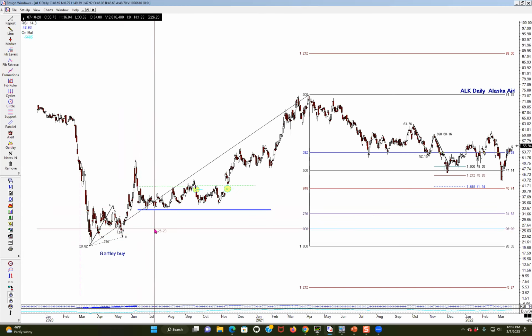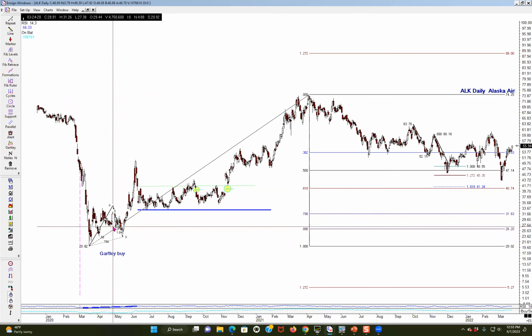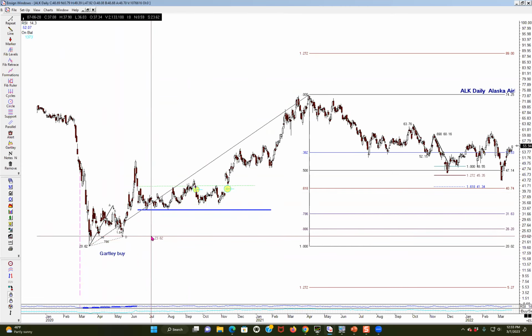Gartley was describing a retracement pattern in a new trend. And so this is a classic example of a market coming from a downtrend and then turning direction and starting a new uptrend. So that's what a Gartley is. It's actually formally called a Gartley 222.